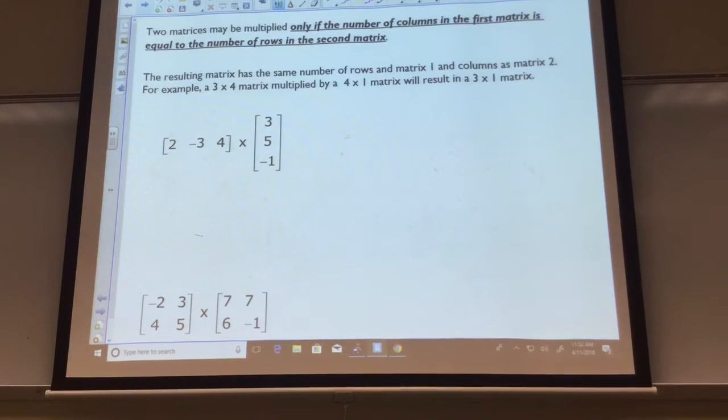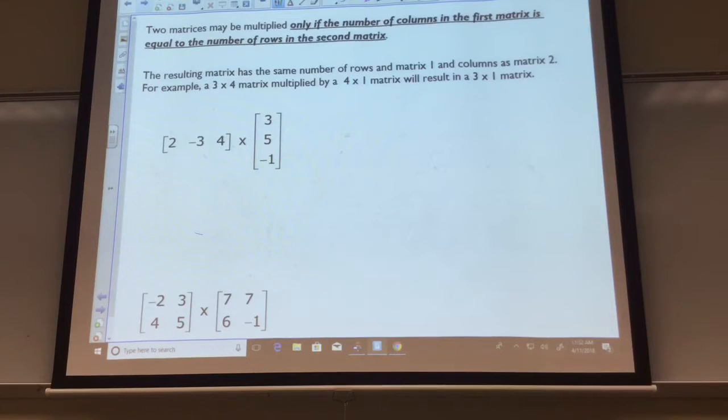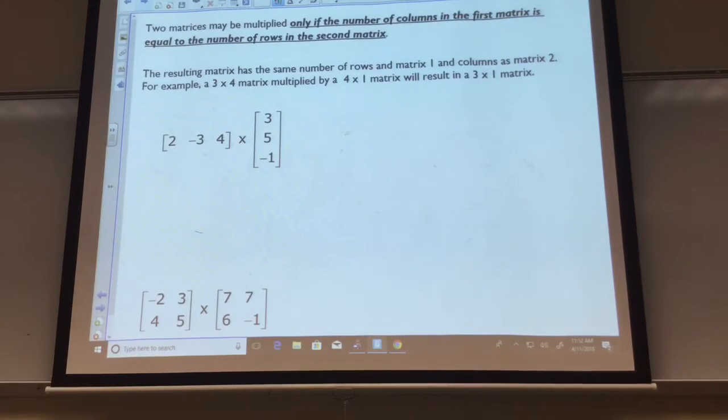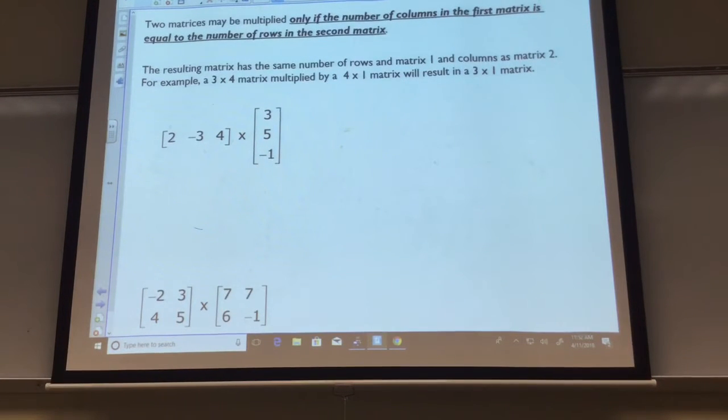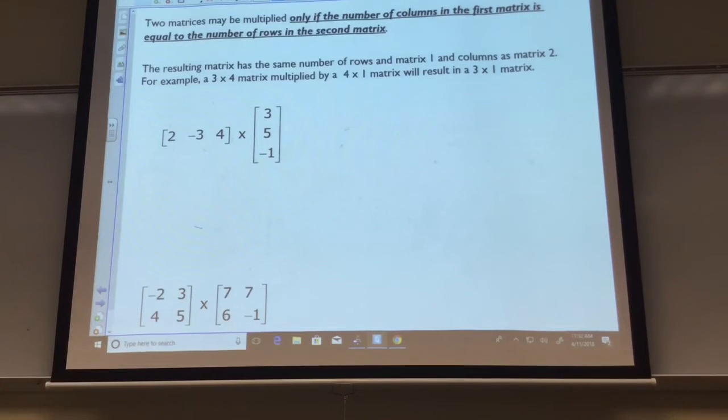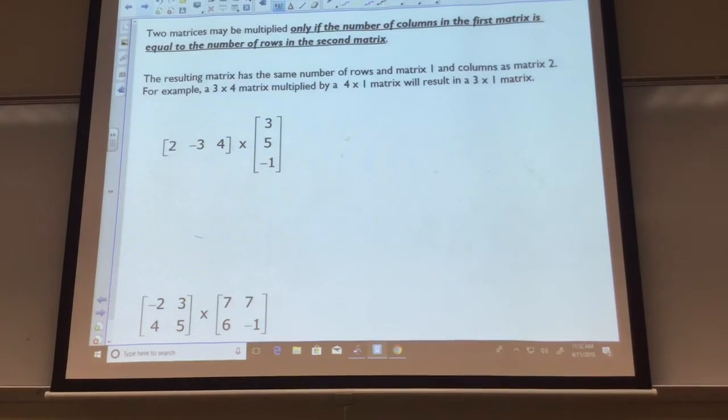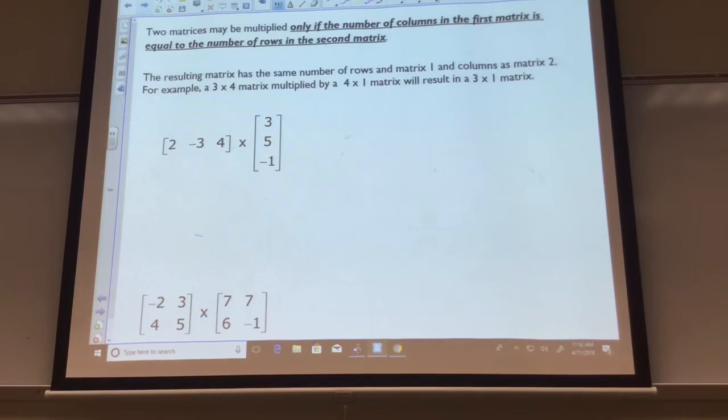Matrices can only be multiplied if the number of columns in your first matrix is equal to the number of rows in your second matrix. The first thing that I want you to do with a matrix multiplication problem is to start off by writing what the size of the matrix is.